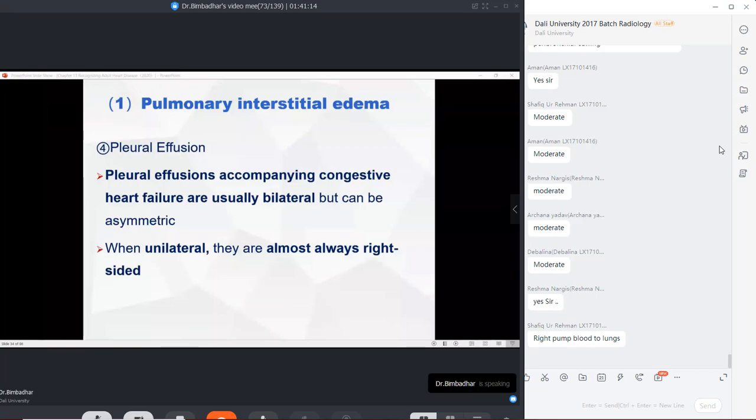The right ventricle pumps the blood. Problem in the lungs? No. See, if you understand this simple physiological mechanism, I think that is exactly what Reshma is talking about here.